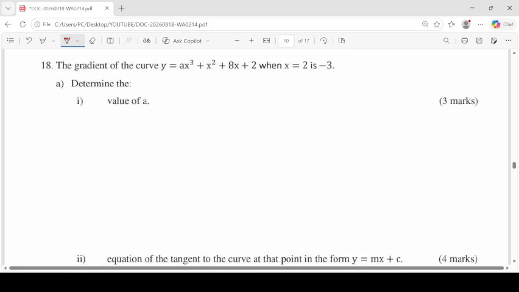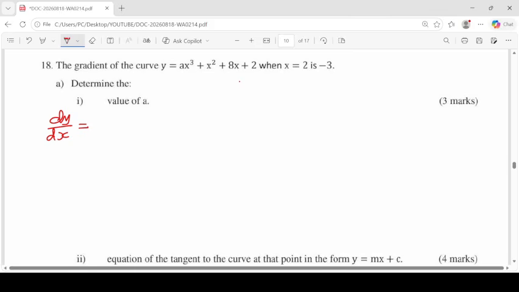The gradient of the curve y is equal to ax cubed plus x squared plus 8x plus 2 when x is equal to 2 is negative 3. Part A of the question, determine the value of a. So you've been given the gradient and you have the equation of the curve. Let's get the gradient function, our dy/dx.